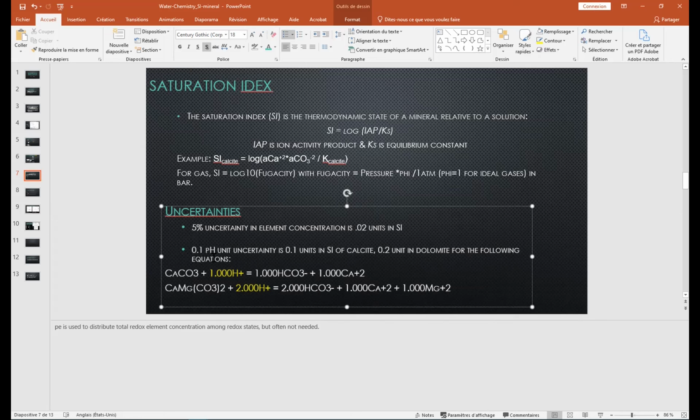And the same for the pH. If you have reactions with protons, you have to add 0.1 unit of uncertainty for 1 proton in your reaction.